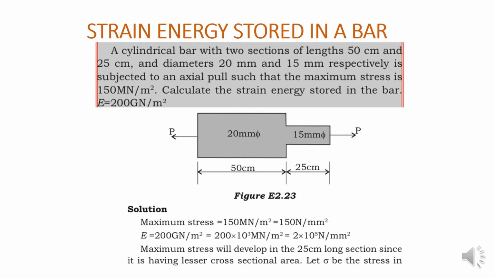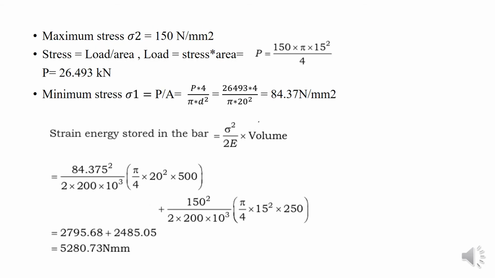From that we can find the load: stress equals load divided by area, that is 150 meganewton per meter square is equal to load divided by area of the second section. So the load is equal to 150 into pi by 4 into 15 square, that is, load P is equal to 26.493 kilonewton.